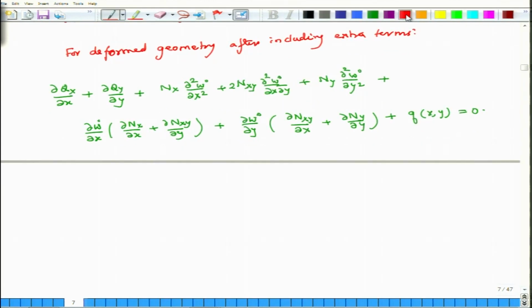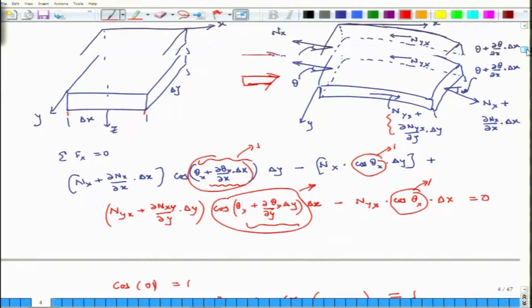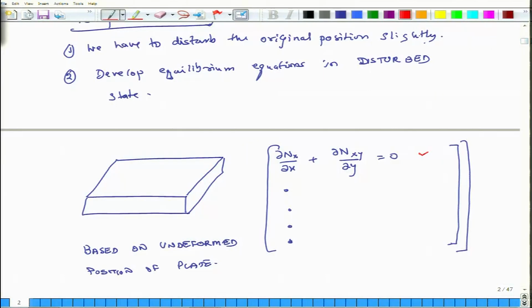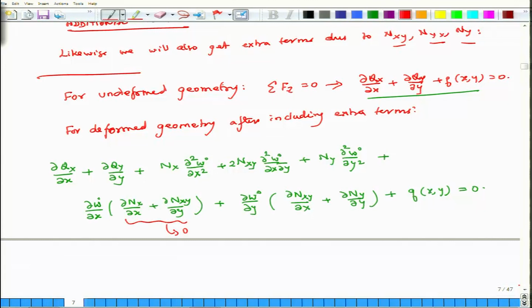Okay. Now, this term in the bracket, this is 0. Why is this 0? Because of the first equilibrium equation. What is our first equilibrium equation? We have developed it and we have seen it several times. So this is 0 because of the first equilibrium equation, which is sum of forces in the x direction is 0, and the corresponding equation is actually this thing.